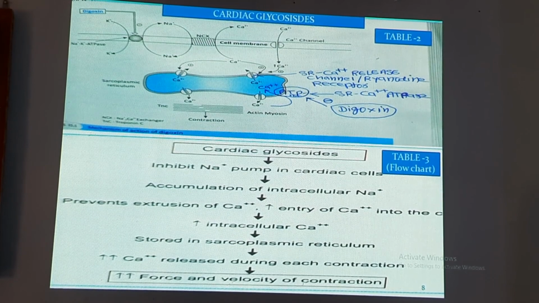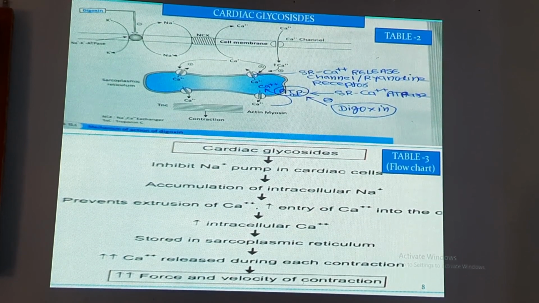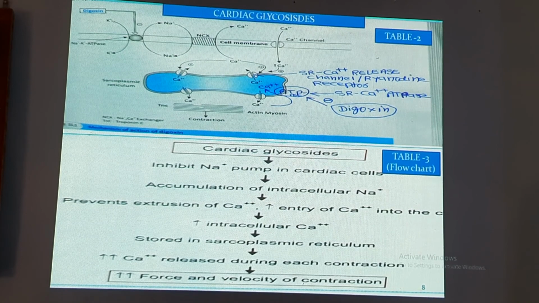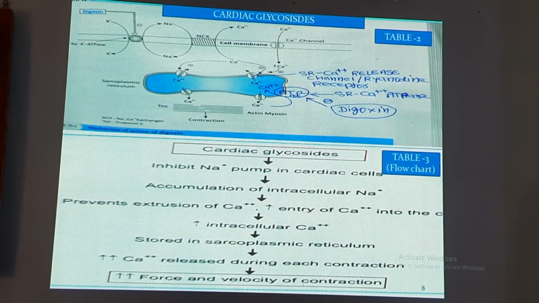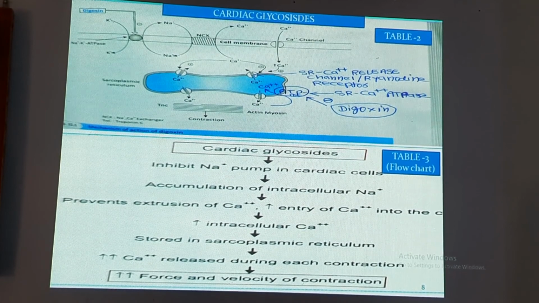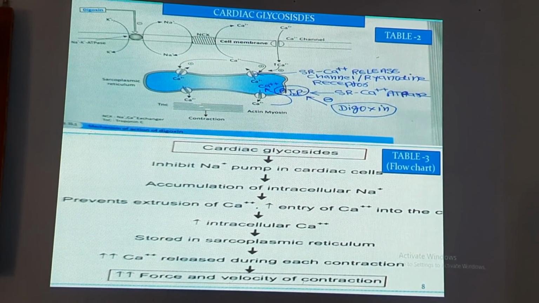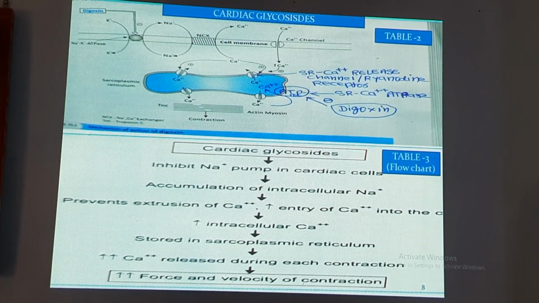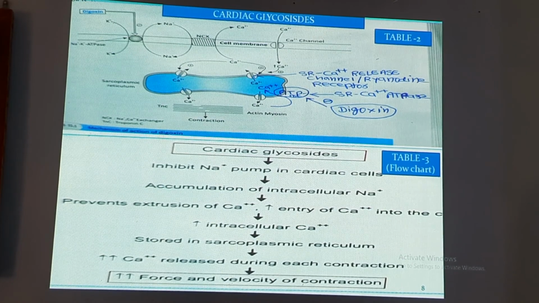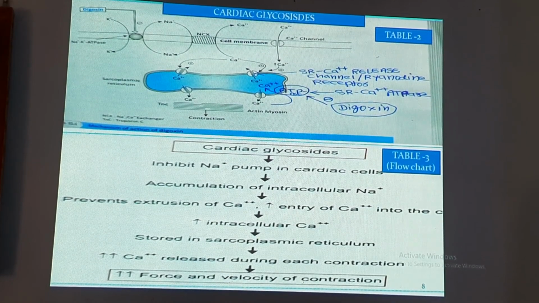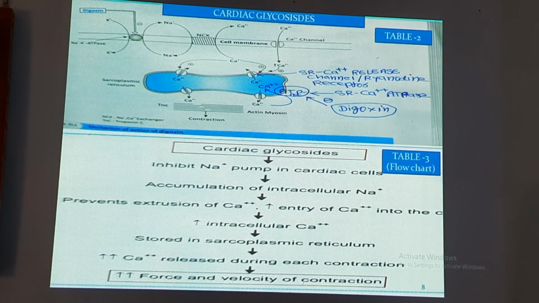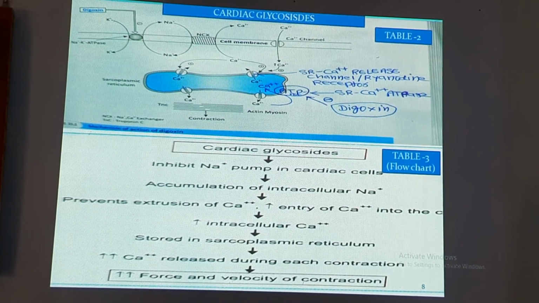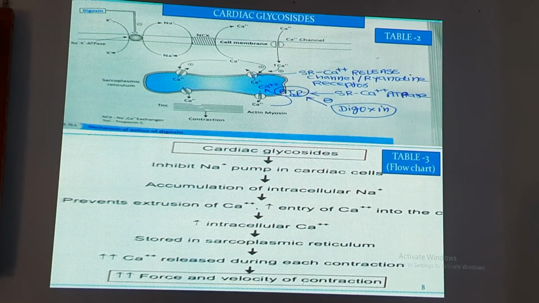Another mechanism: immediately after release of calcium ion from the sarcoplasmic reticulum, the increased intracellular calcium concentration is not maintained for long, because most of these calcium ions are taken back up by the sarcoplasmic reticulum from the cytoplasm through the sarcoplasmic calcium ATPase present on the sarcoplasmic reticulum, shown in this diagram.